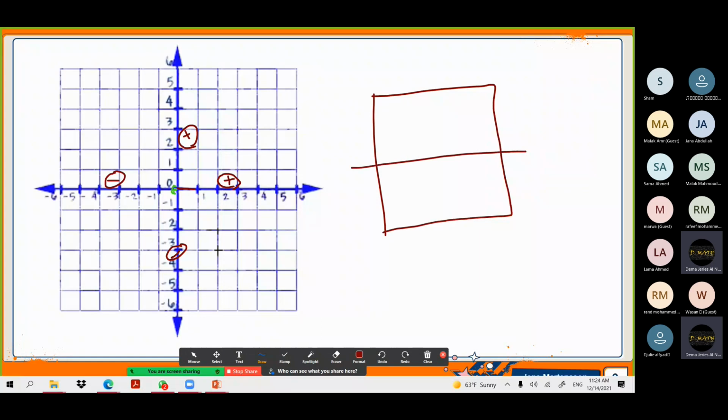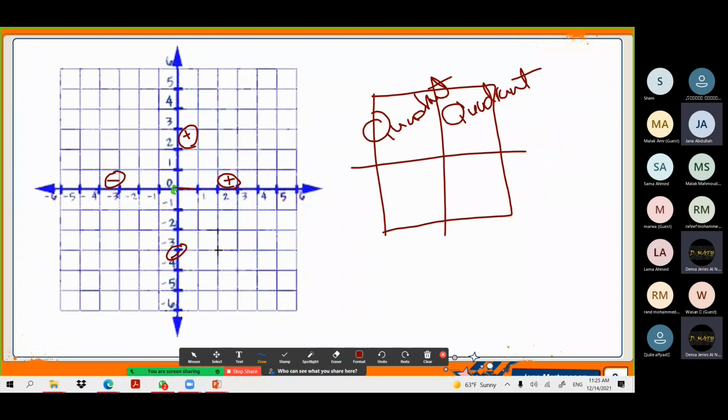Now, as you see, there's a square, and this square is cut into 4 areas. The mathematicians call each area a quadrant. The Romans gave each a number.